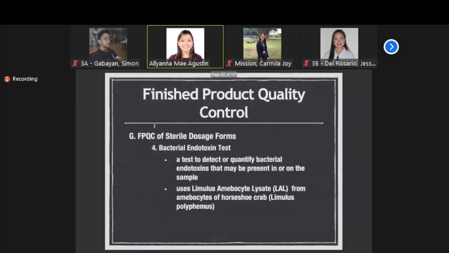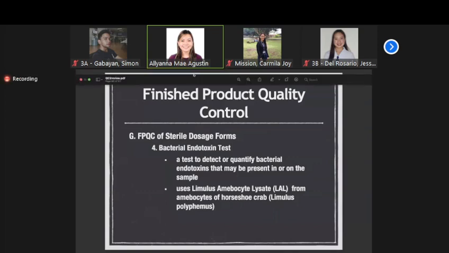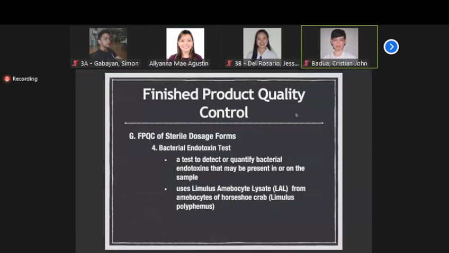Okay? Next, we have the bacterial endotoxin test. So, endotoxin, where does endotoxin predominantly come from? Gram positive or gram negative?